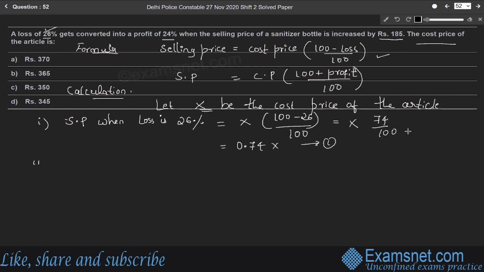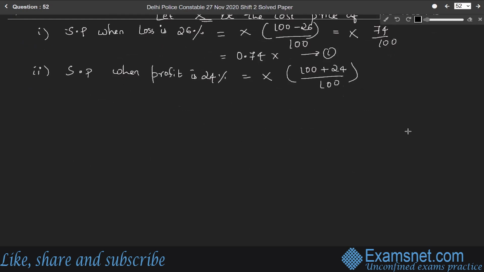Okay. So in the second case, when the profit is 24%, the selling price is equal to cost price into 100 plus 24 divided by 100, which is equal to X into 124 by 100, which is 1.24x.